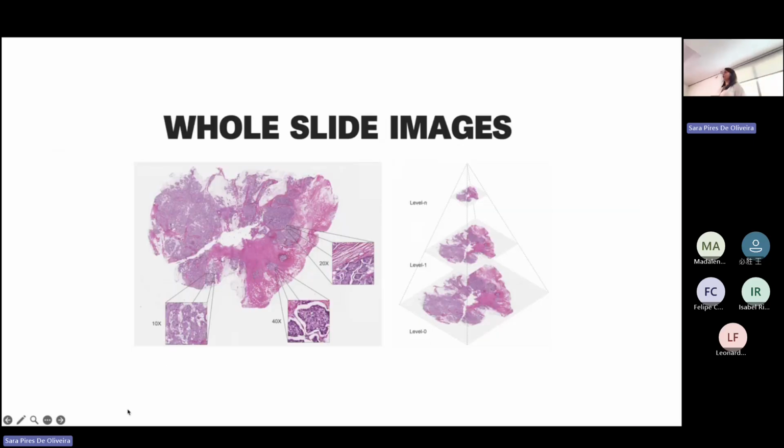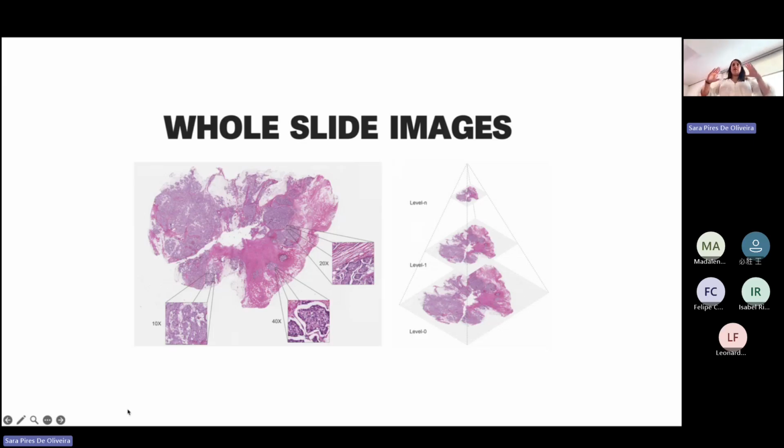And what are the details of these kinds of images? These are really detailed and really big images of the tissue. This is just a representation of the entire glass slide. And they are digitized at the same resolution as the microscope, so we have a very fine level of detail.